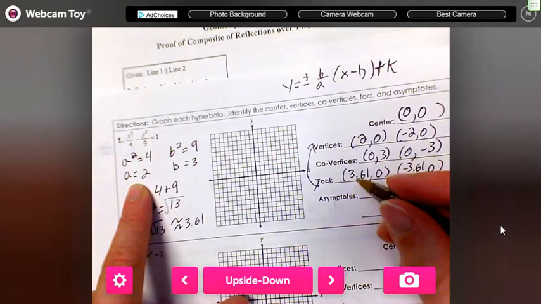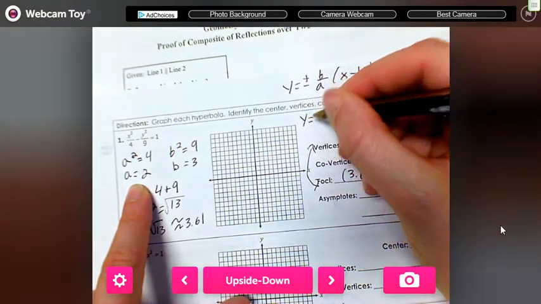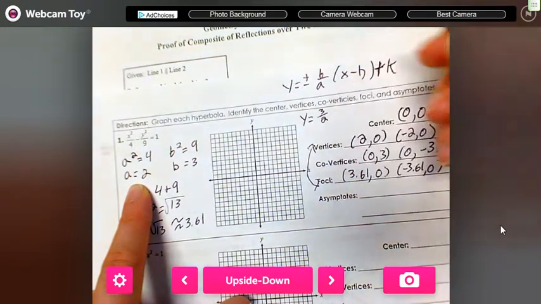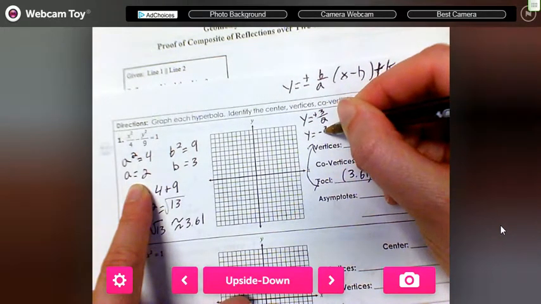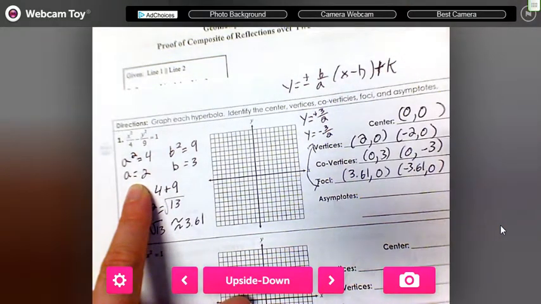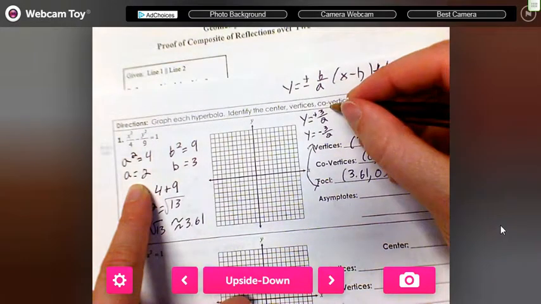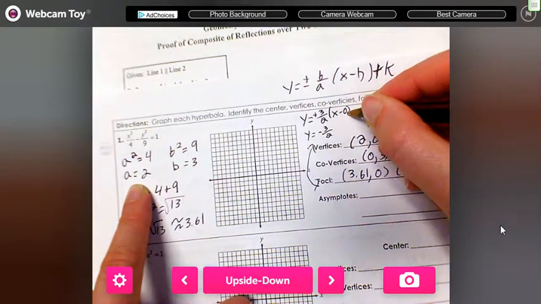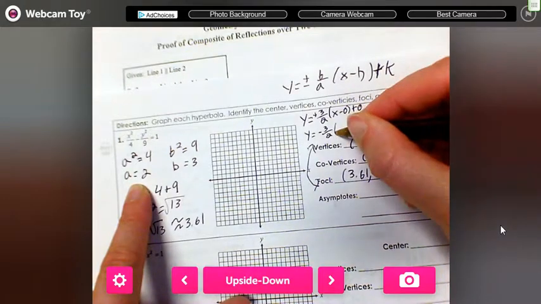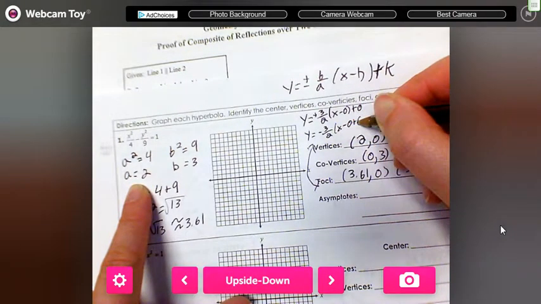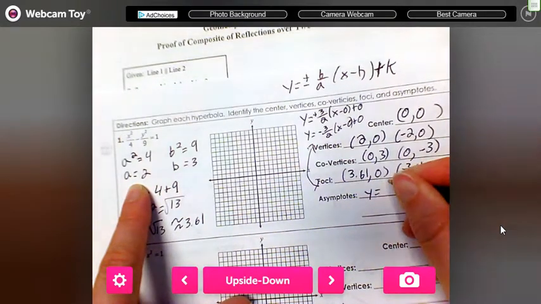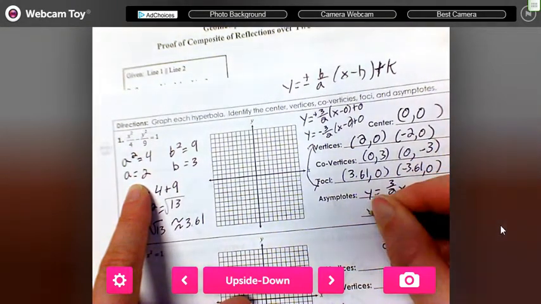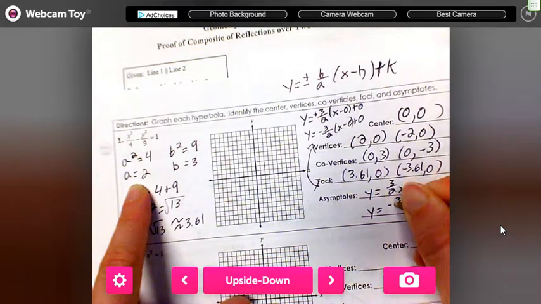So first of all, I'm going to write y equals 3 over 2. And when I have one that's positive, I have one that's negative because I have 2 different equations. I've got x minus 0 plus 0. So because of these zeros, I end up with y equals 3 halves x and y equals negative 3 halves x.